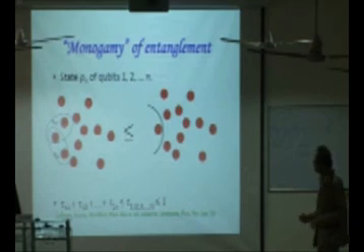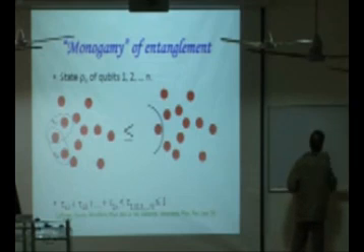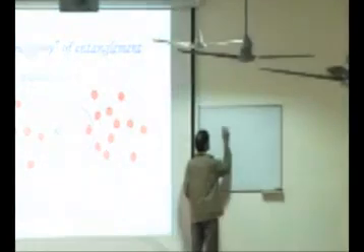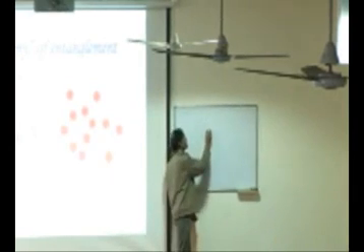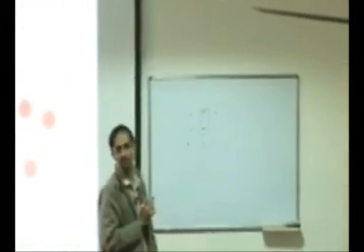So this is one thing that we use, and the way we use it is, suppose you have a bipartite square lattice, and I want to find an estimate of how much entanglement is here.